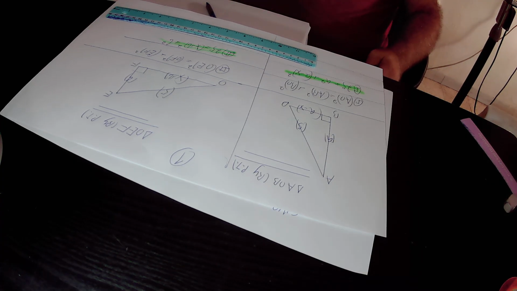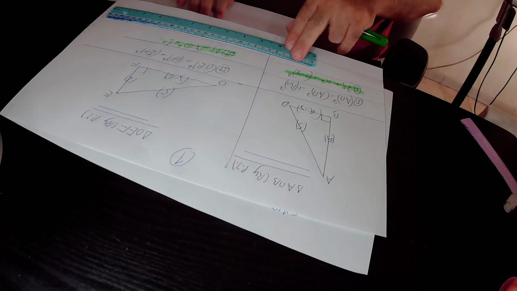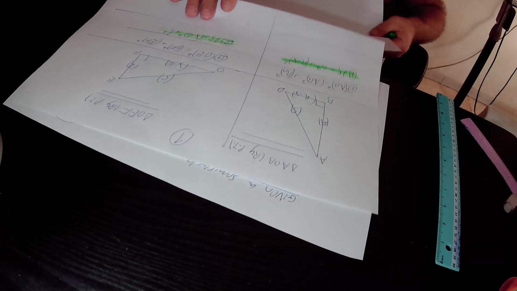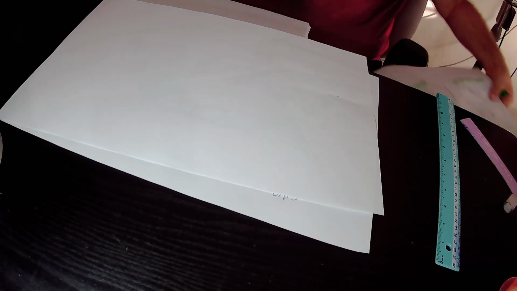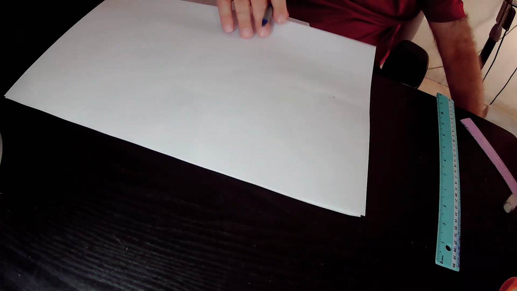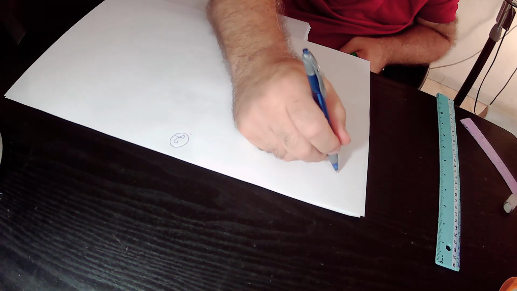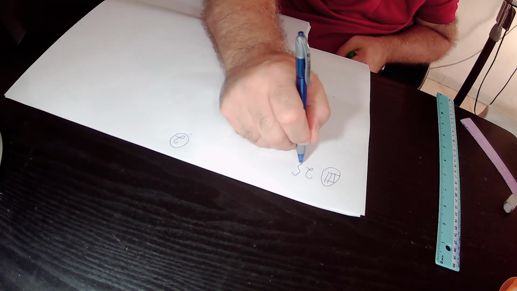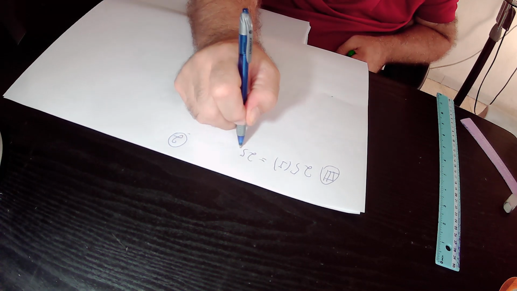In the next step, we create equation 3, which says that 25 according to equation 1 must be equal to 25 according to equation 2.